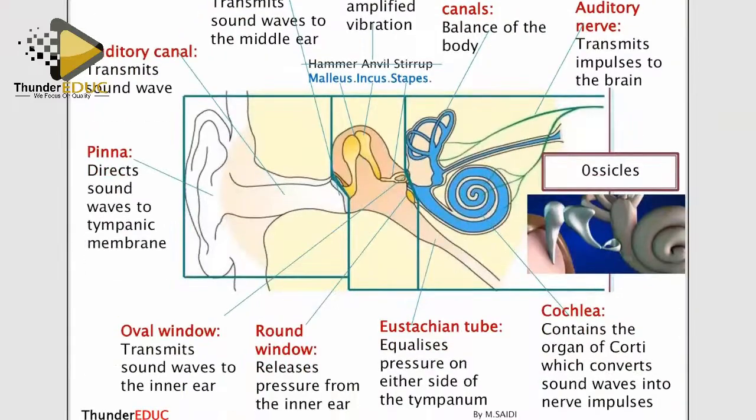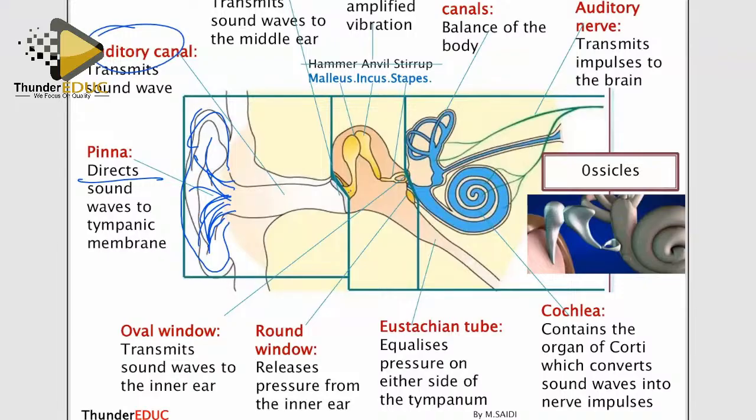Step 1. Pinna, the outer part. It collects sound and directs it. We want to see that word, it directs the sound wave. It collects it and then directs it into the auditory canal so that it is able to go to the tympanic membrane.